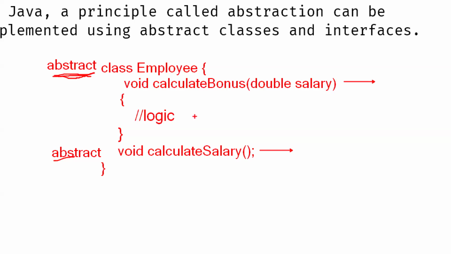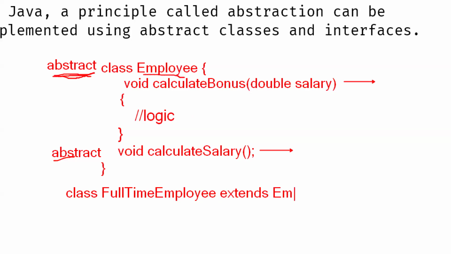And we cannot use abstract with final methods also. Because if, suppose, in the parent class there is an abstract method, and the parent class is Employee. Who is a child class of it? Class FullTimeEmployee extends Employee.